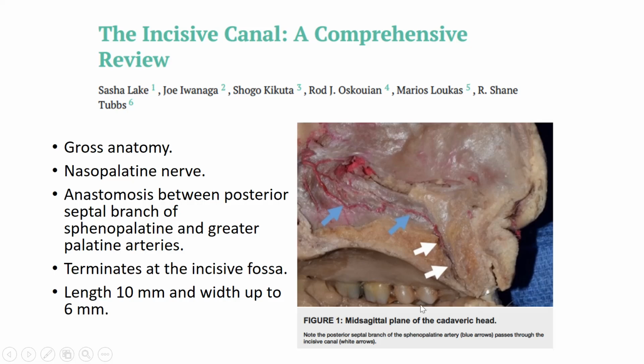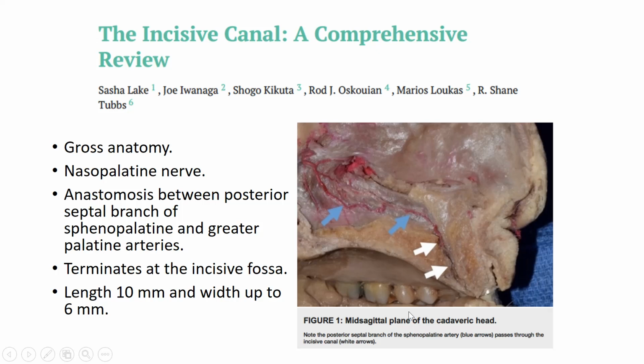There is also an anastomosis between the posterior septal branch of the nasopalatine artery and the greater palatine artery. And this canal will end at the incisive fossa in the oral cavity, located posterior to the upper incisor, beneath the incisive papilla.